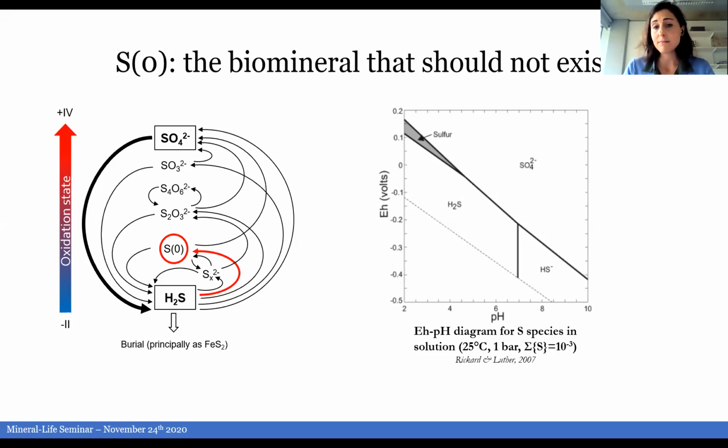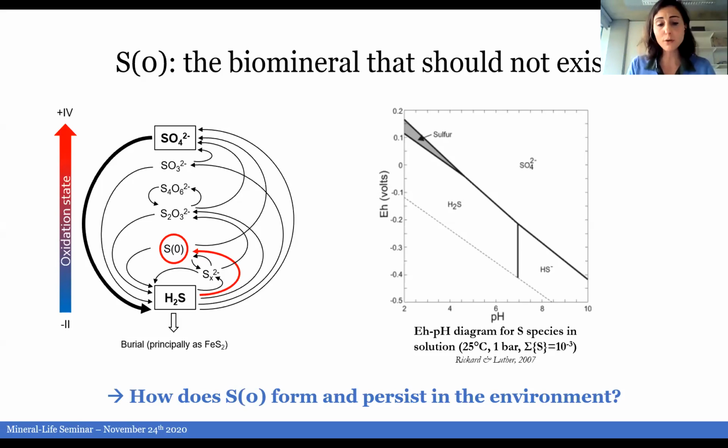And you can see that the thermodynamic stability field of elemental sulfur in gray is very small. It's a tiny triangle. And you may notice that if we look at circumneutral pHs, it shouldn't exist at all. However, I've shown you a lot of pictures of elemental sulfur actually abundant in circumneutral environments. So the question we'll be focusing on today really is how does elemental sulfur form and persist in the environment?